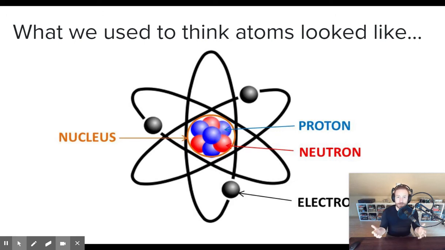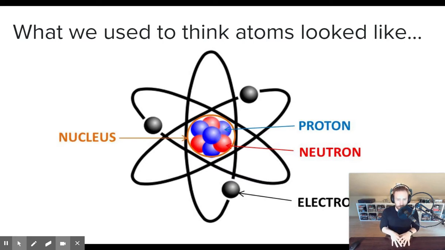Or if you've ever watched The Big Bang Theory, anytime a scene changes in that show, this thing flies across the screen, and it's one of these. This is the most common representation of an atom in popular culture, really in science, pretty much everywhere.